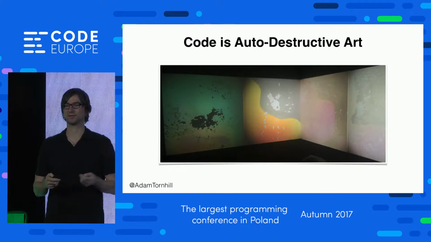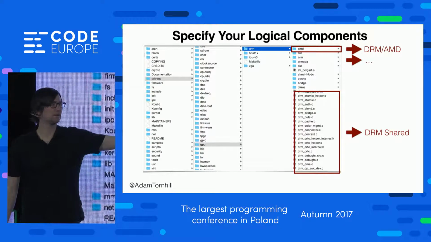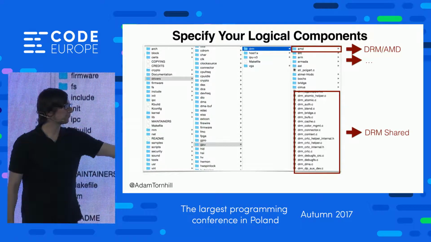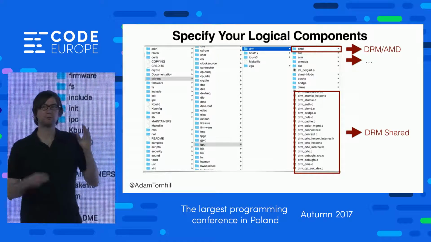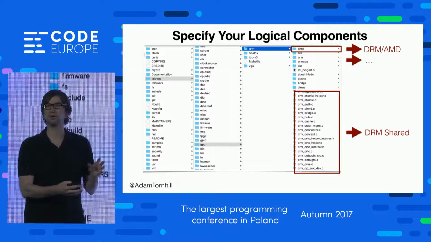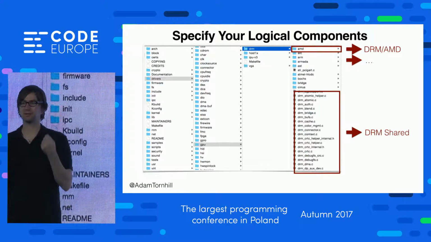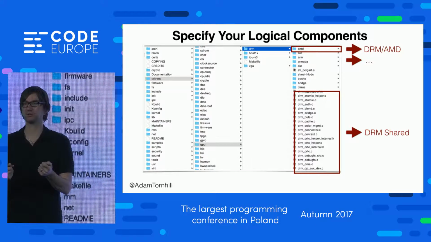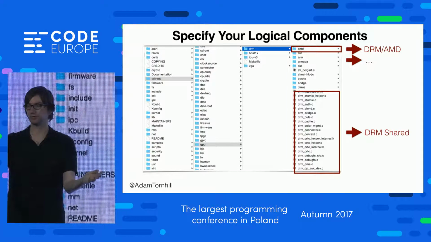So what I suggest is this. Instead of measuring things on a file level, we measure on logical components. What is a logical component? Well, I would say anything that carries an architecturally significant context within your system.